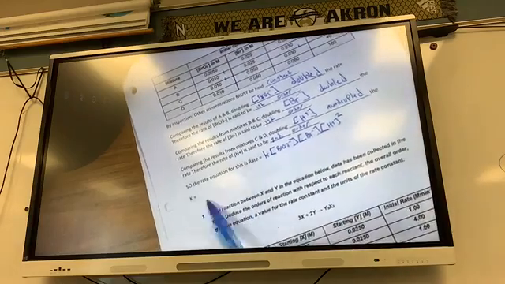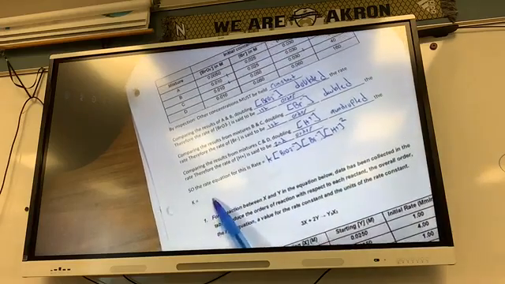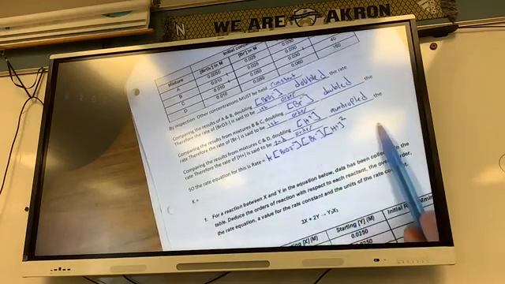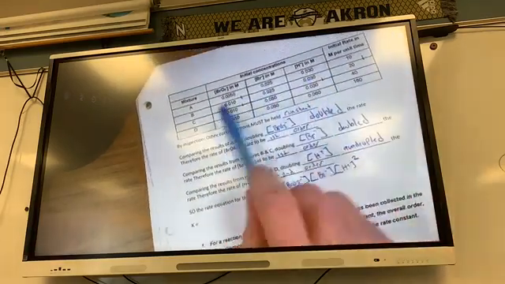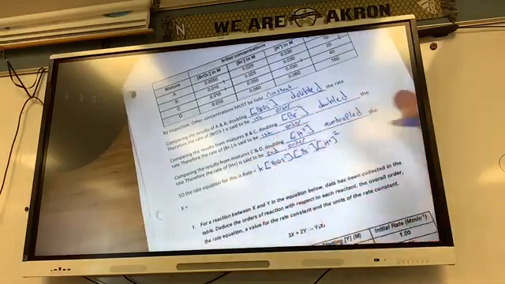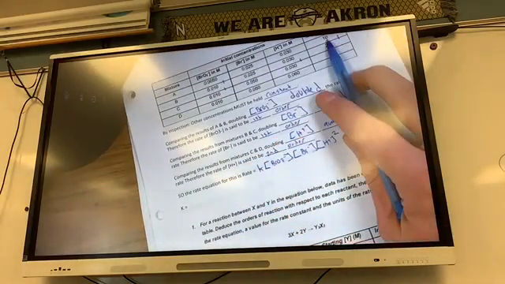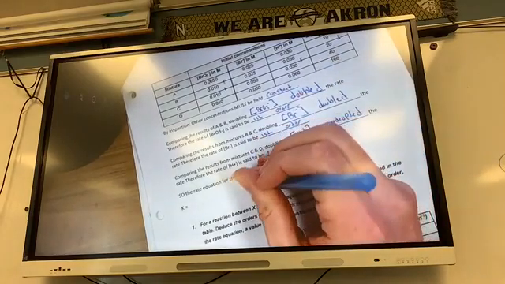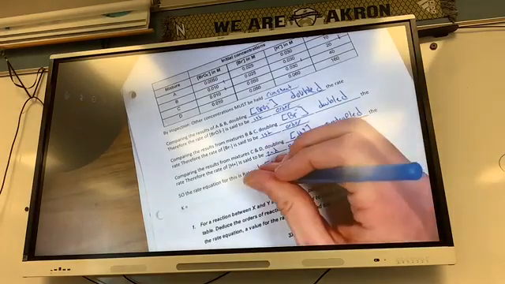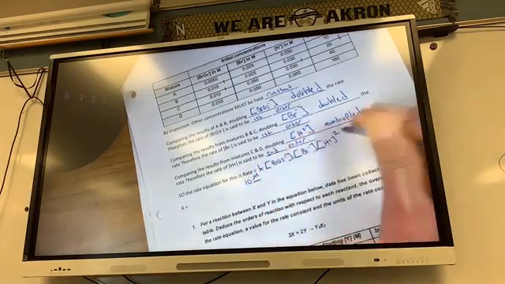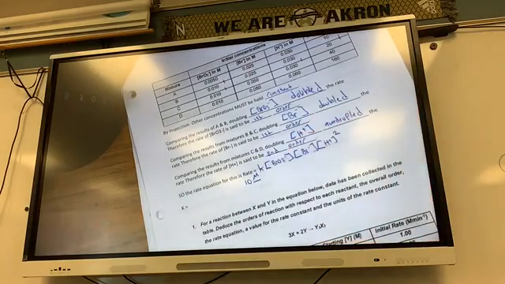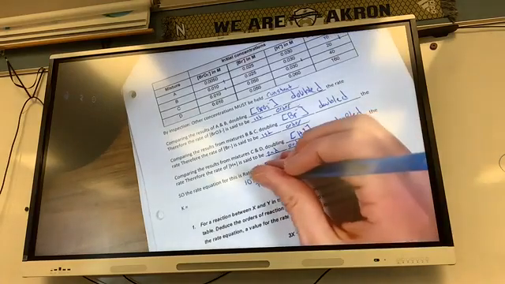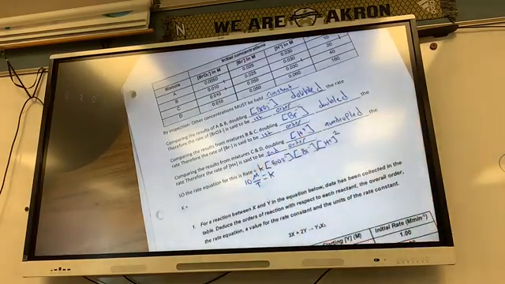So if I wanted to solve for K, I'm going to have to sub in any one trial into this equation. So let's just do the first trial. I've got 10, right? Yes? Because that's my rate. So I would say 10. What are my units? Molar per what? Molar per time. Agreed? I've got 10 molar per time is equal to K, which is what I'm solving for.